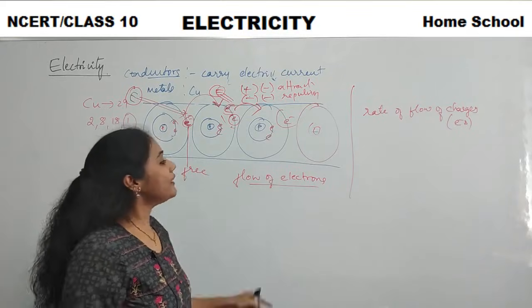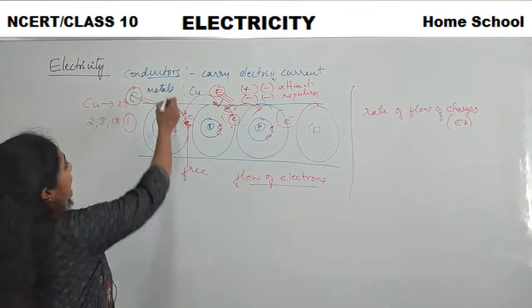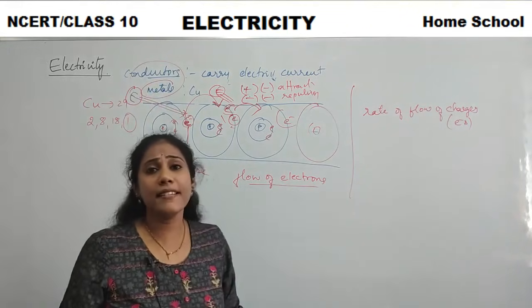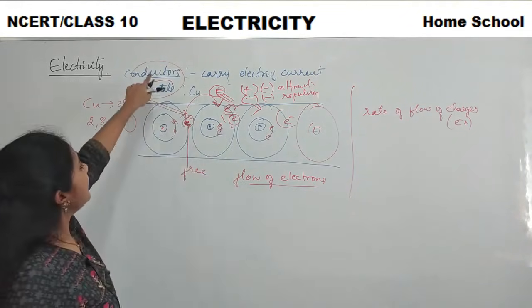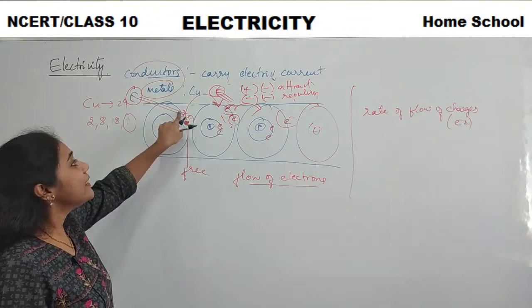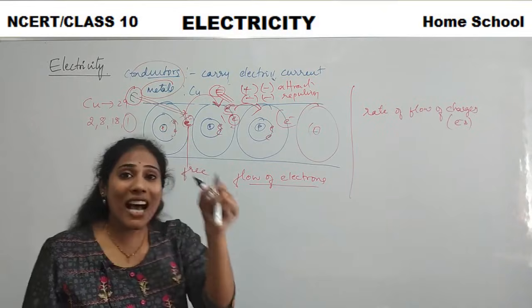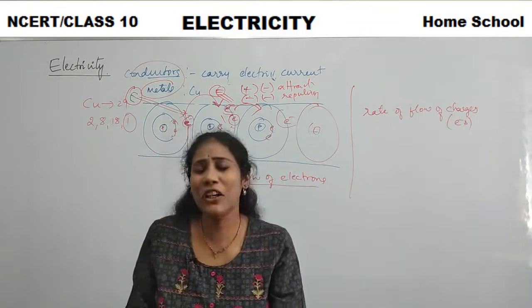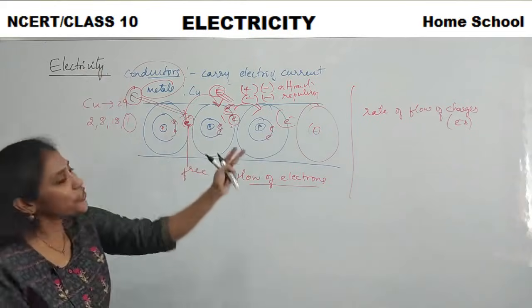This flow of electrons is observed only in conductors, guys, not in all substances, because metals and conductors have free electrons. So how do you get these free electrons? The valence electrons, the last shell electrons, come out easily. Simply they will not come out, guys, unless you supply energy.